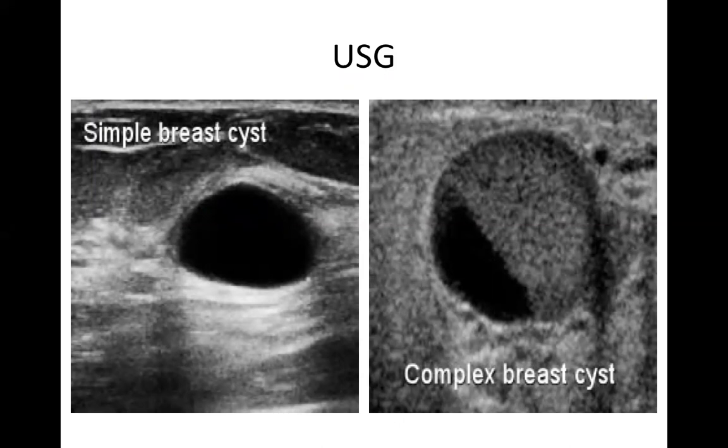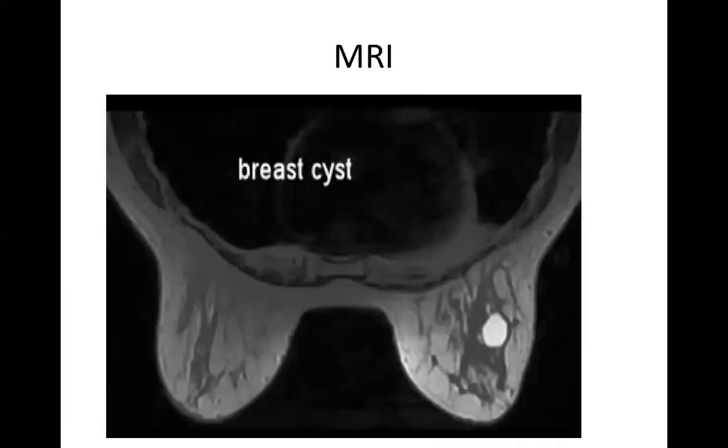In the picture, the black area shows the cystic component, and a grayish area tells about the solid component. If you do an MRI of the breast cyst, you can see a well-circumscribed, rounded, hyperintense lesion within the breast.